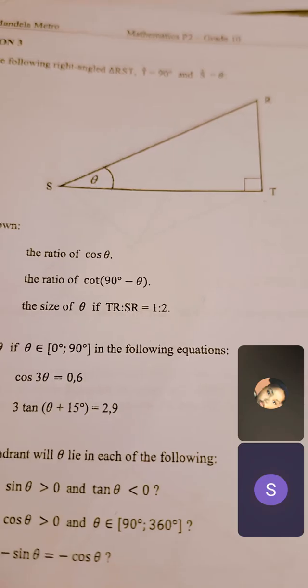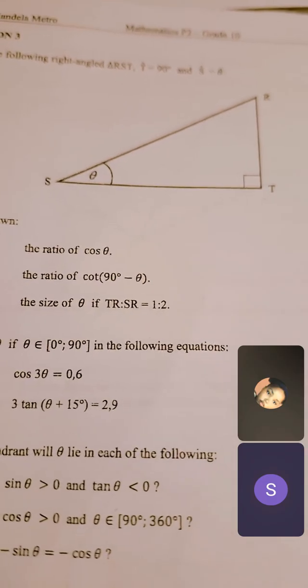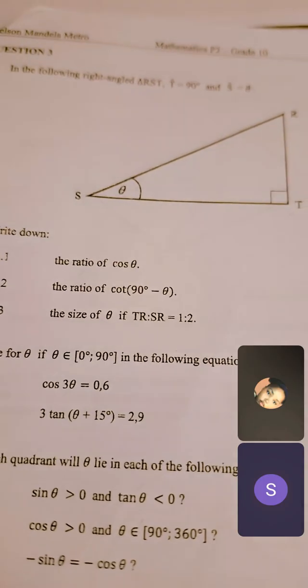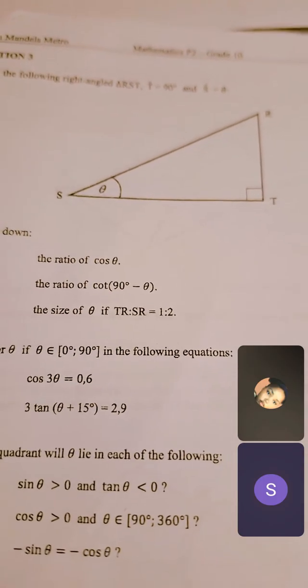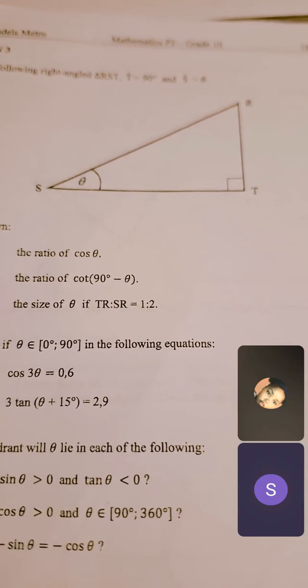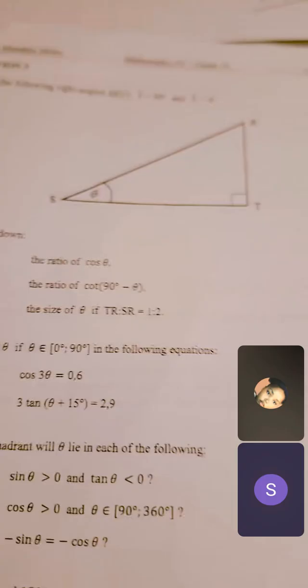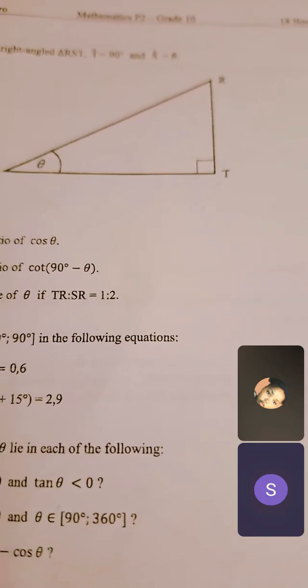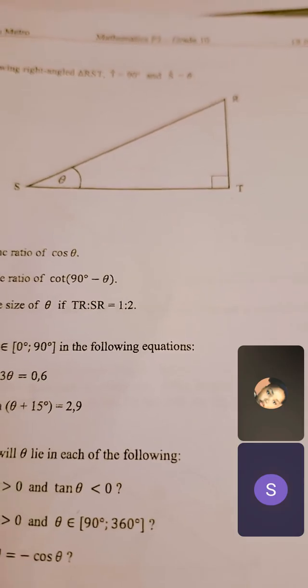Okay, we don't have 90 minus theta. Can we find it? Can't find it? You can't find it. Can you find it? No, I don't think so, sir.